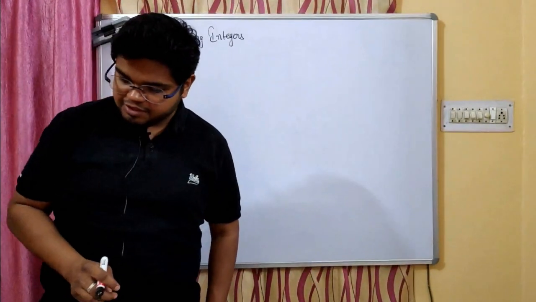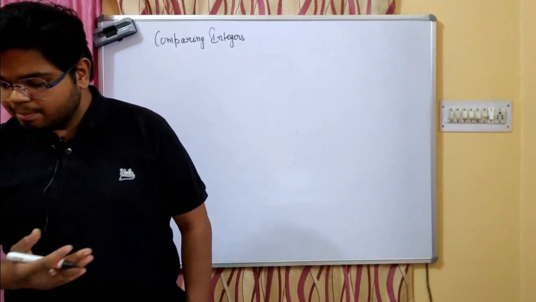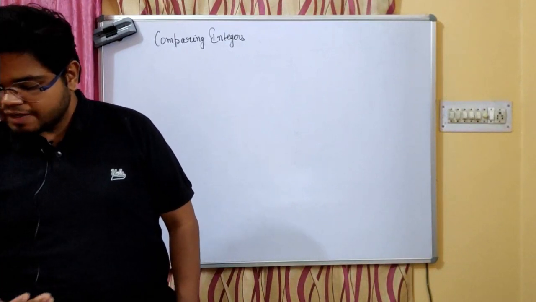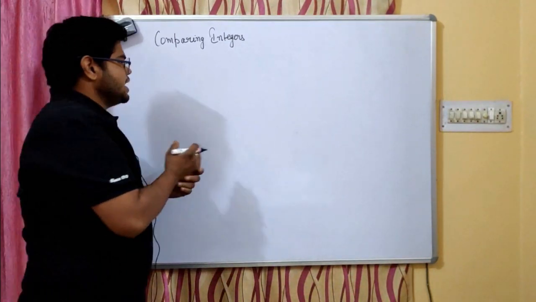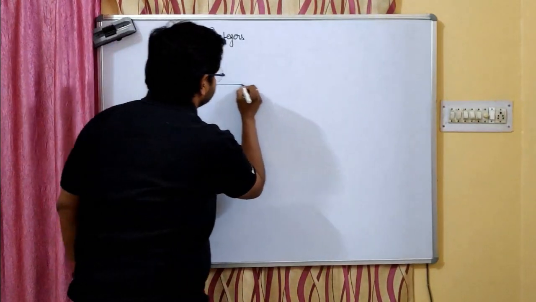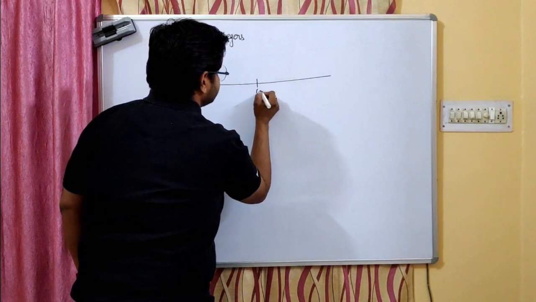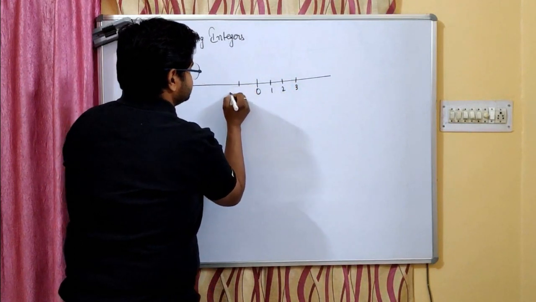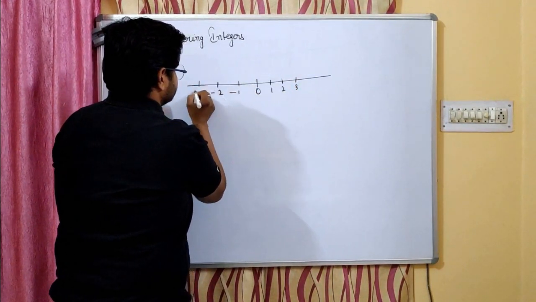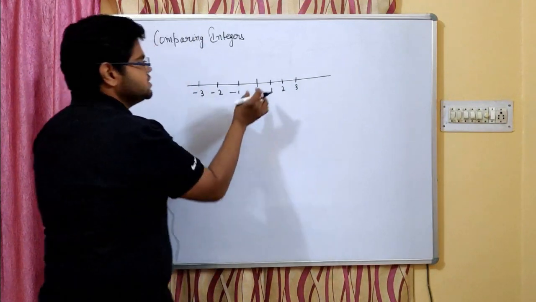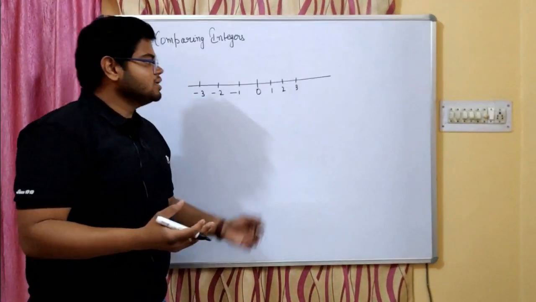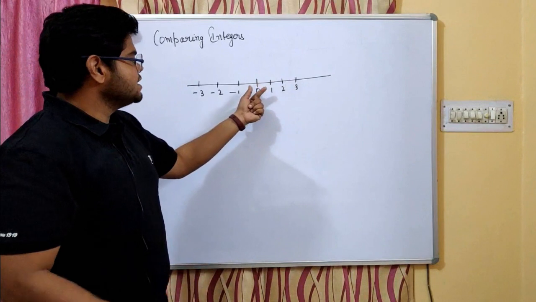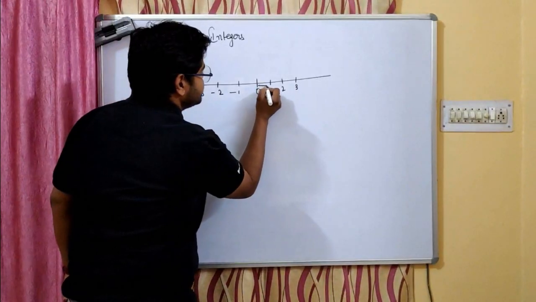In the definition, the book says that integers can be compared by comparing their positions on a number line. The greater of two integers is always to the right of the smaller one. As we have seen earlier, a number line is a straight line, and on that line, numbers are represented on both sides of zero, and the distance between the numbers is equal, separated by equal segments.